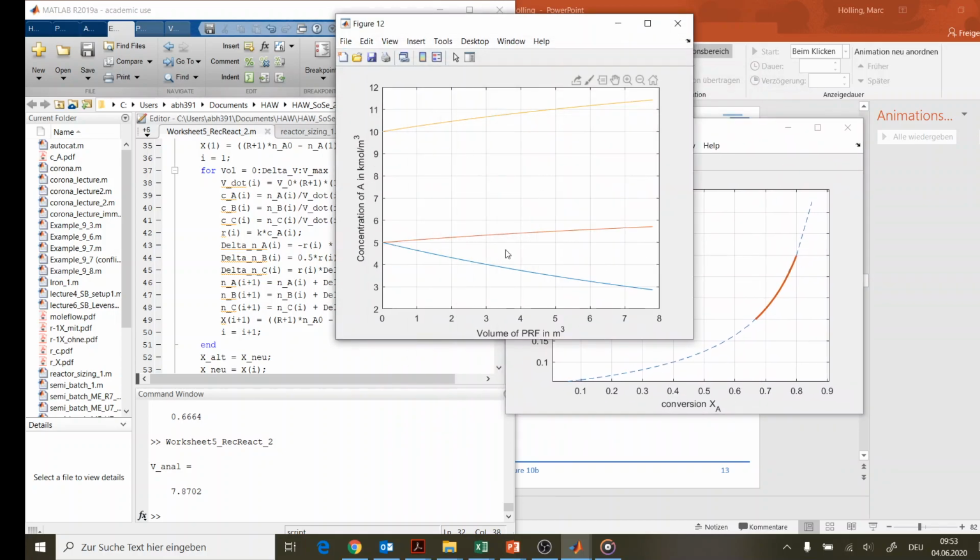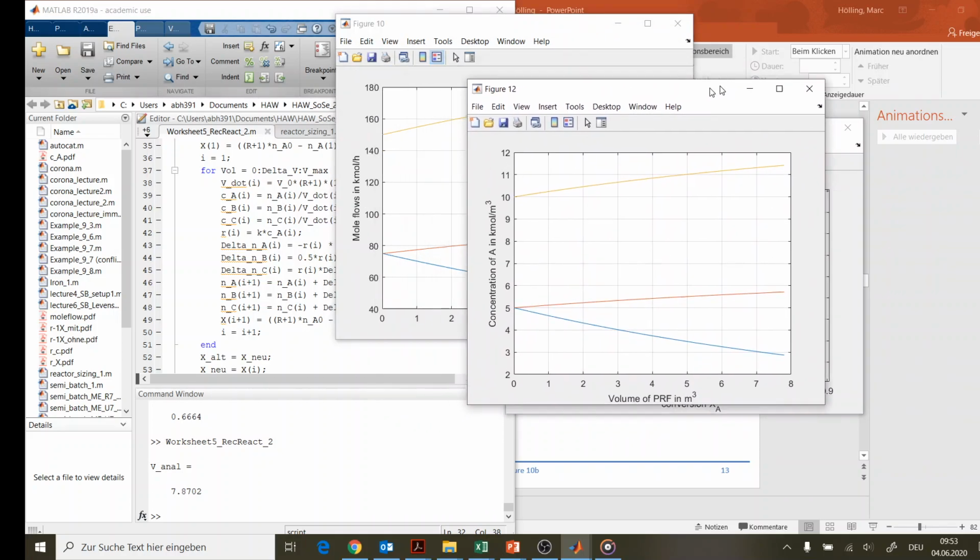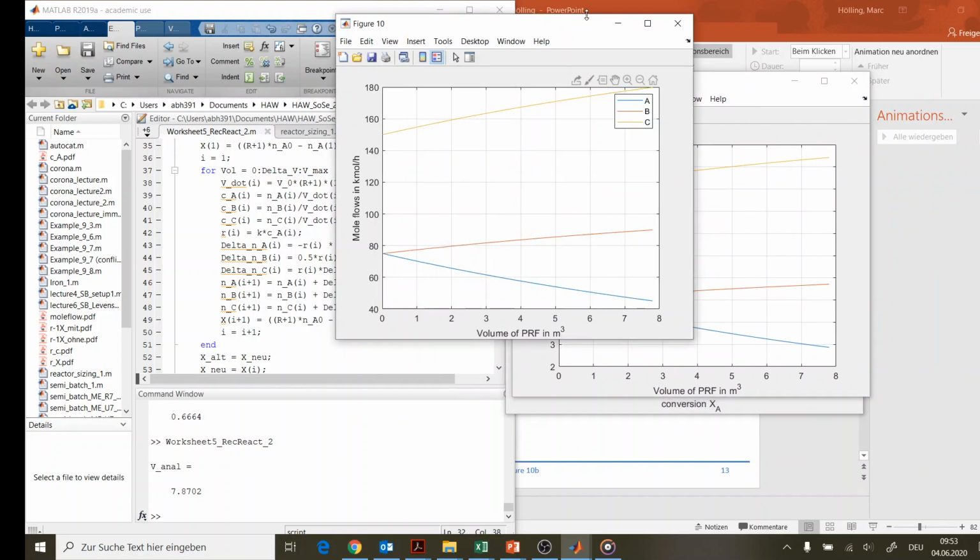Then here I have concentration profiles, and I also have the mole flows here. And here you can see that your mole flow from component A, so this is really a big mole flow, goes from like 75 kilomoles per hour down to like 45 kilomoles per hour.